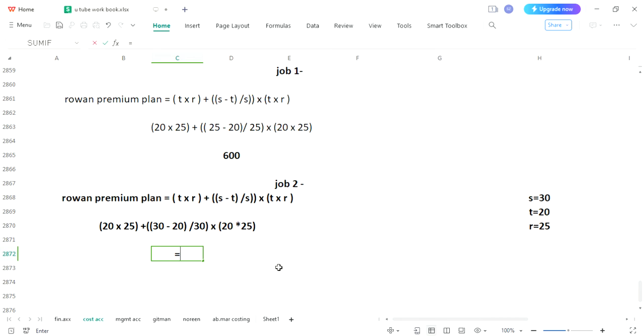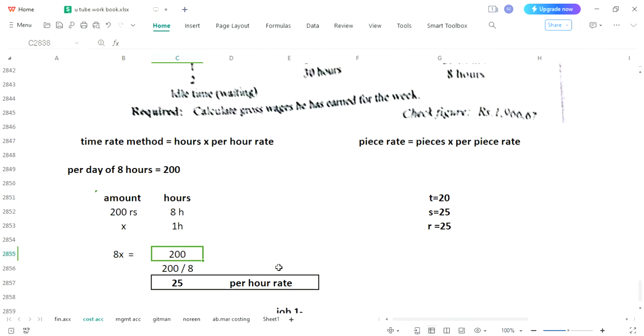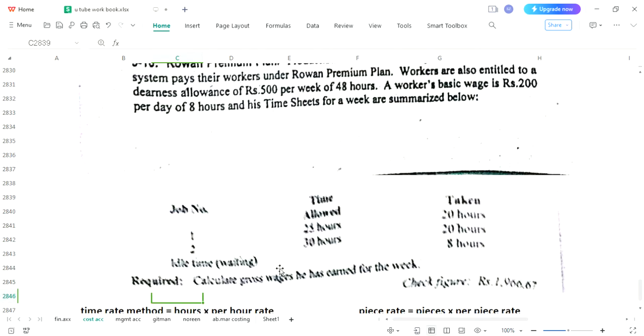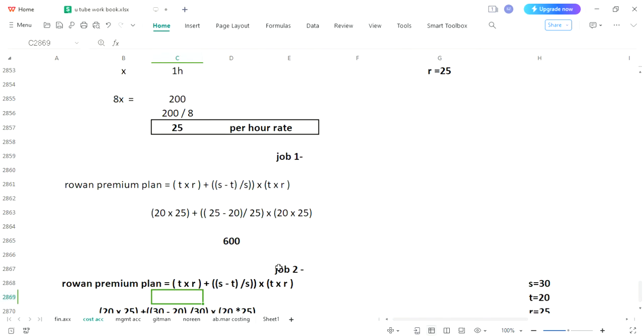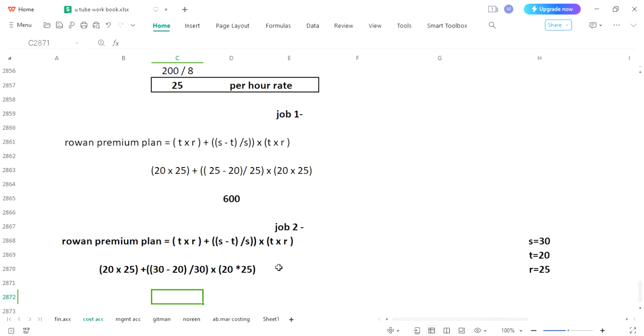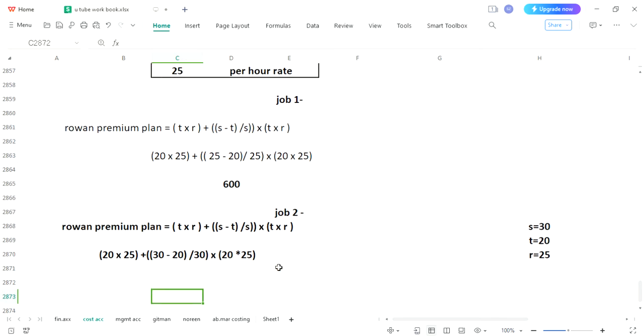Bracket, first we will see standard time was 30. I was just confirming it, 30 and 20. So we have also put 30 and 20. Alright, now let's put it on the calculator.